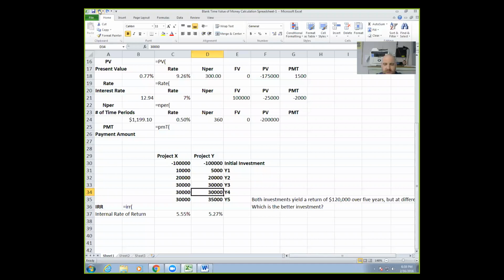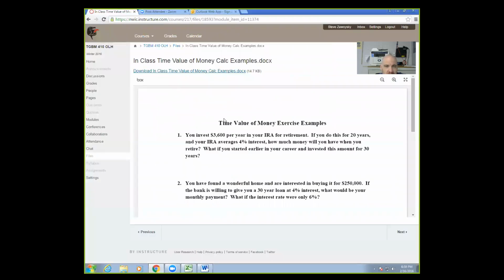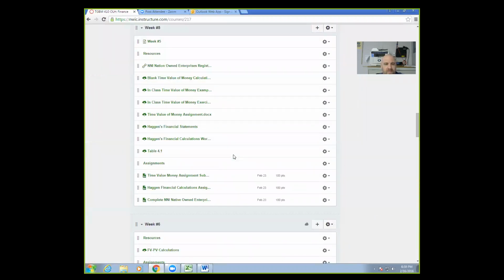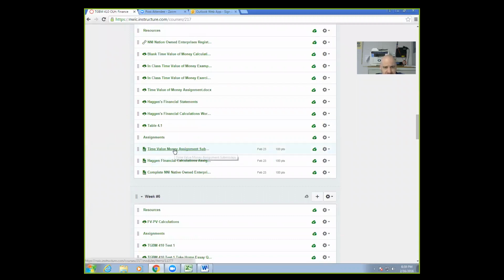So for next week, if you go back and look on Canvas, there are a few assignments under week 5. There's the time value of money assignment, which is what we've just been working on. This is where you submit it under assignments, but the actual numbers are up here.